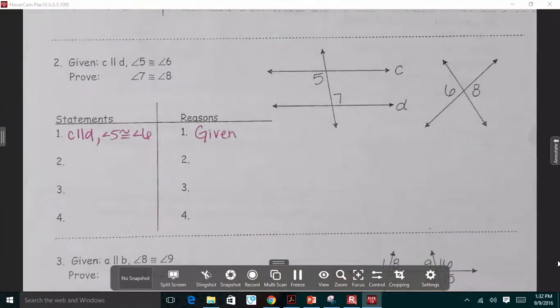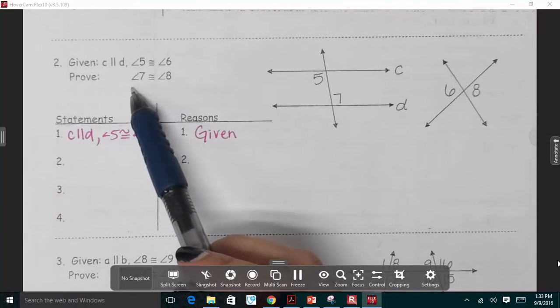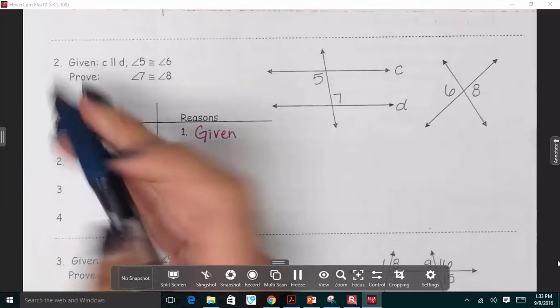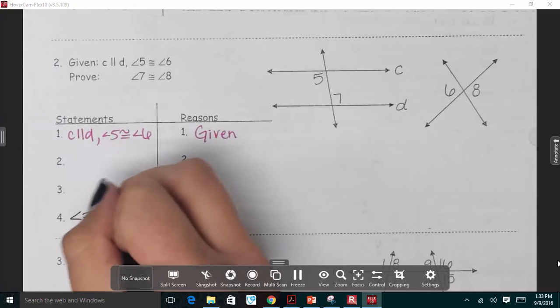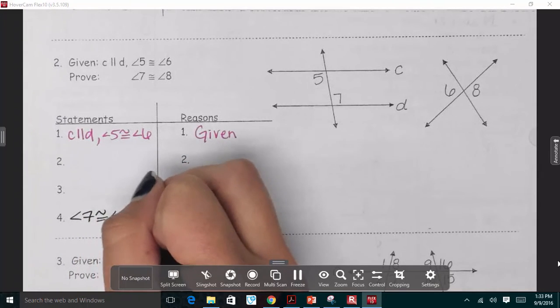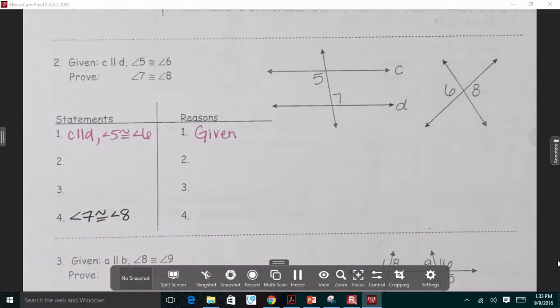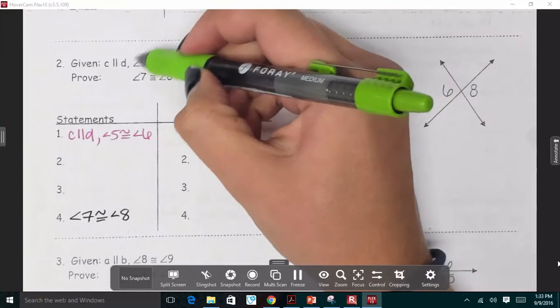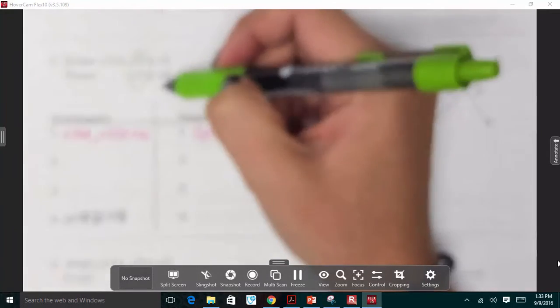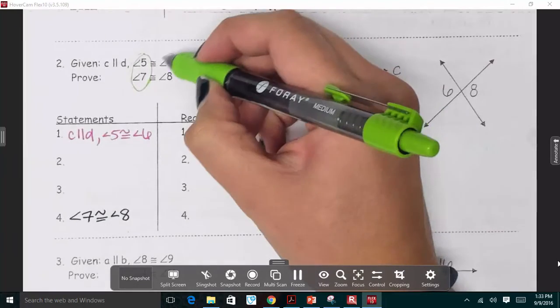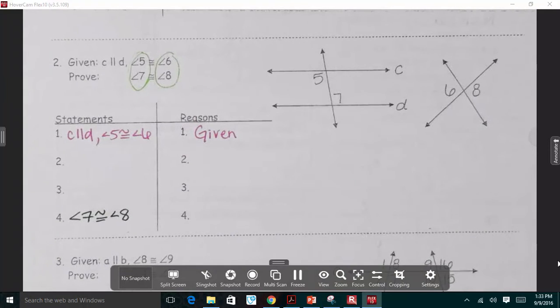What else can I go ahead and write? The proof. Okay, so we're proving angle 7 is congruent to angle 8. That's going to be our last statement. What we're going for here is looking at 5 and 7 and how they have a relationship, and then looking at 6 and 8 and seeing how they have a relationship.